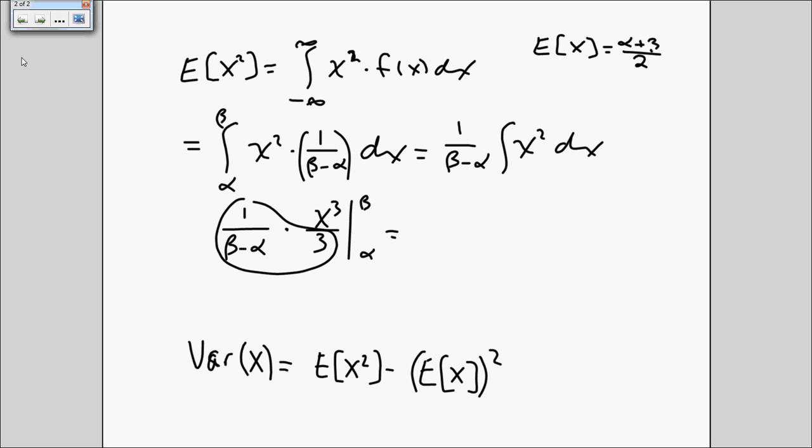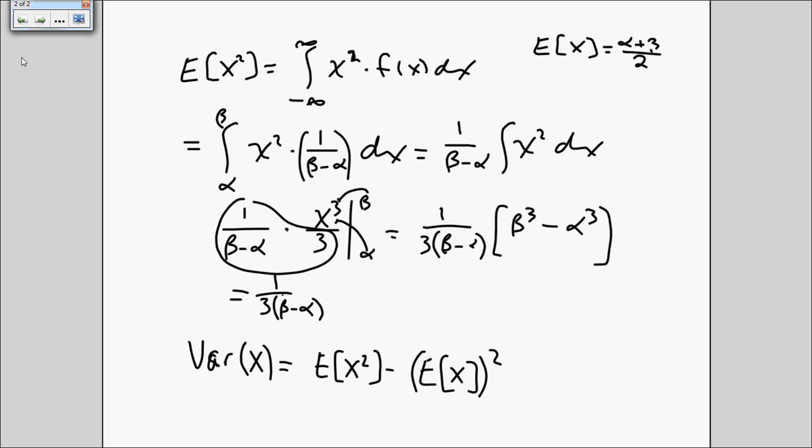This here is a constant. It's 1 over 3 times beta minus alpha. Plug in beta, you get beta cubed, minus, plug in alpha, you get alpha cubed. Now, I'm not going to review algebra, but that's the difference of cubes, and you should know how to factor it.